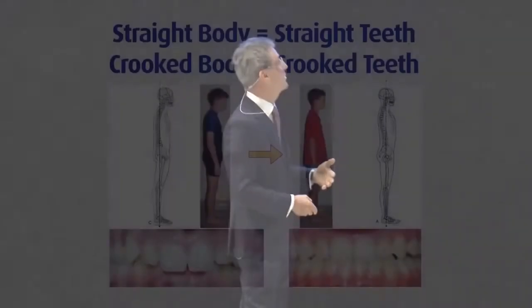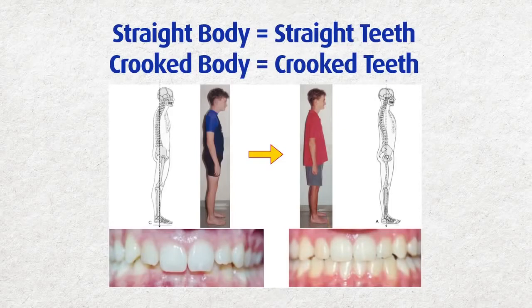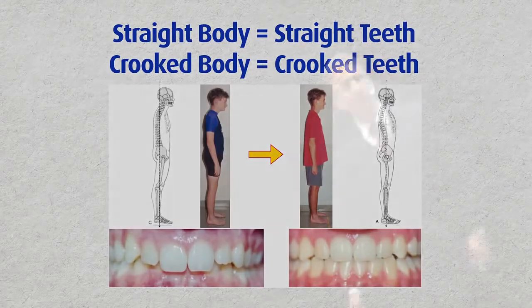It's not possible for everybody to have perfectly straight teeth, because the postural effects of the poor posture, leading to shoulder high, shoulder low, ear high, ear low, lead to the bones of the cranium being distorted.